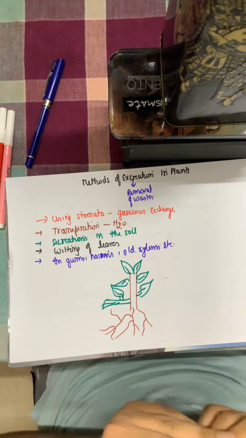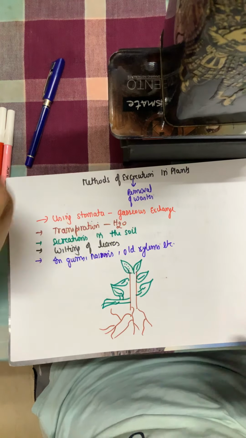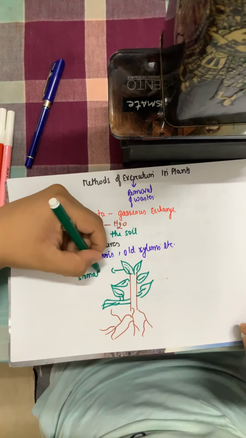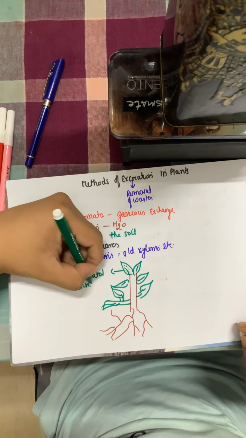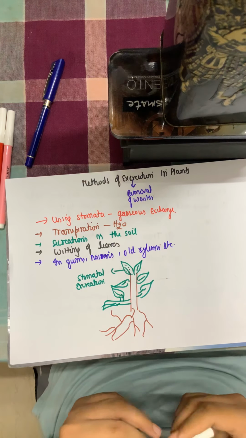Fine. So let's try to identify the methods. On this leaf, the tiny pores called stomata will be there. So this will lead to stomatal excretion, which is in the form of transpiration and gaseous exchange.